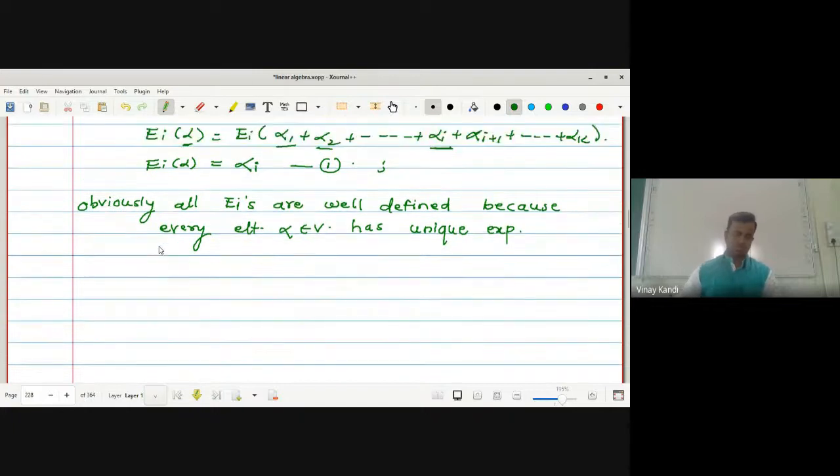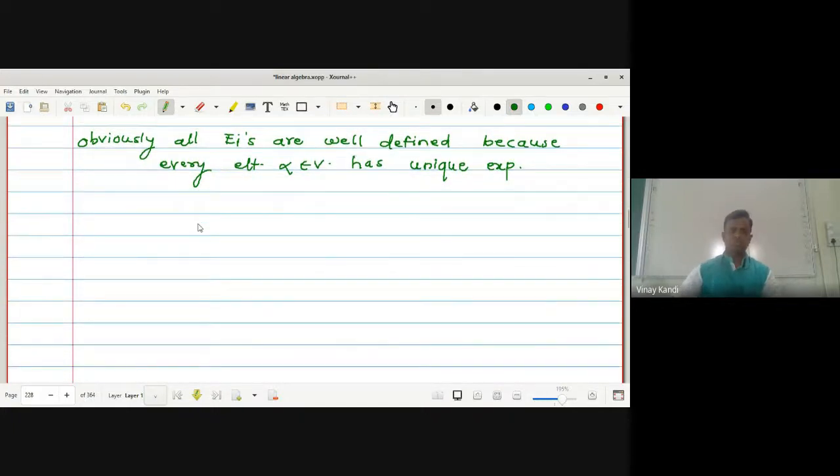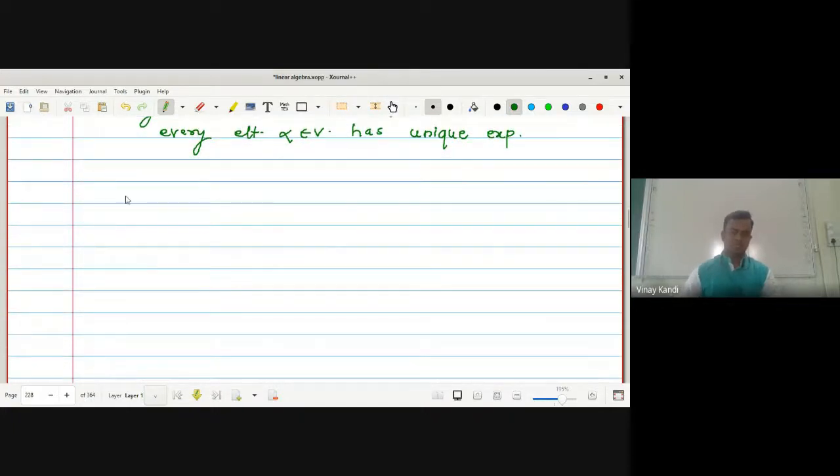So what is the method to prove the function is linear? Take any two elements belonging to the domain. Let alpha and beta be any two vectors and a belonging to F be any scalar.